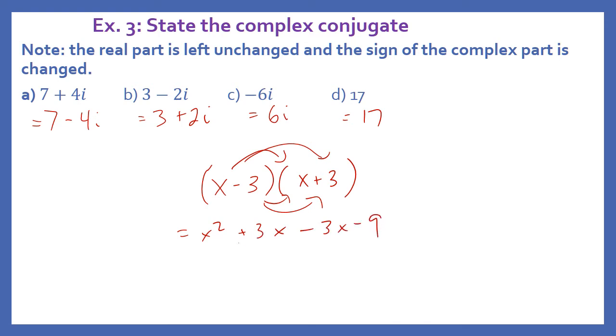What you notice is that these middle terms cancel each other out. 3 minus 3 is 0. Remember, that's a difference of squares. The x's stayed the same, but the numbers were opposite of each other, and we were able to eliminate one of the terms.